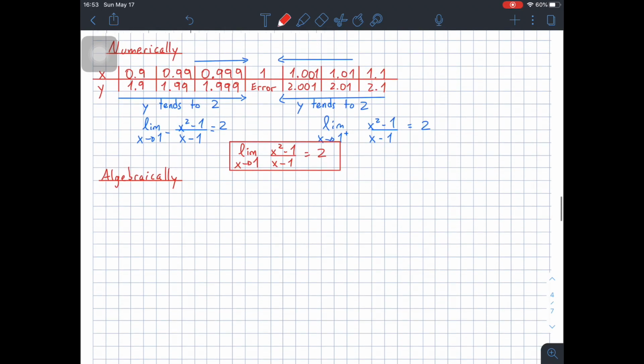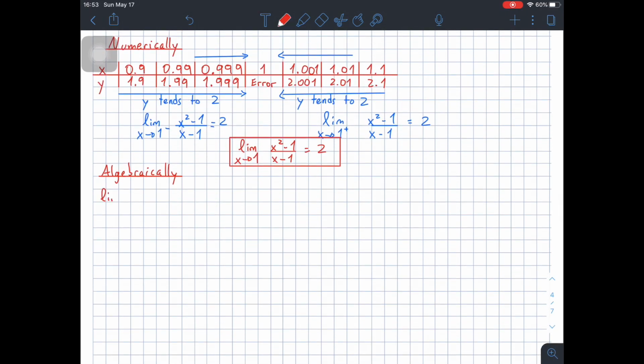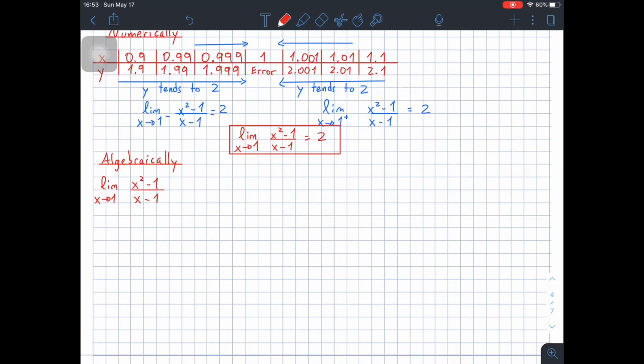And finally, algebraically, which I think is the shortest way, is to do the following. We're going to write the limit when x tends to 1 of x squared minus 1 over x minus 1. And the first thing we're always going to do is try replacing the given value of x, in this case 1, into the function and see what happens.